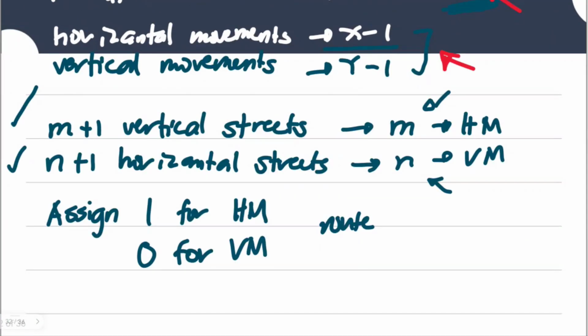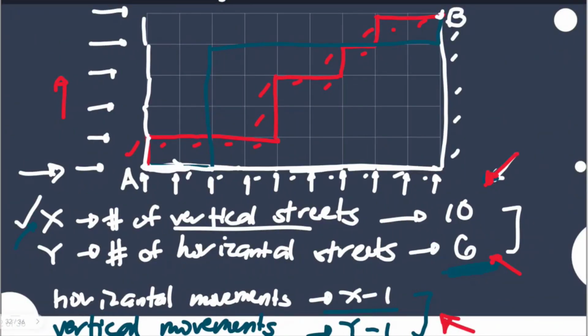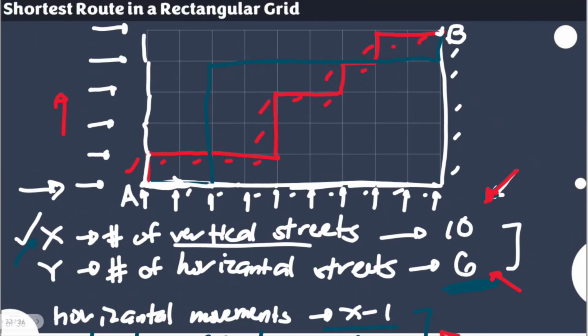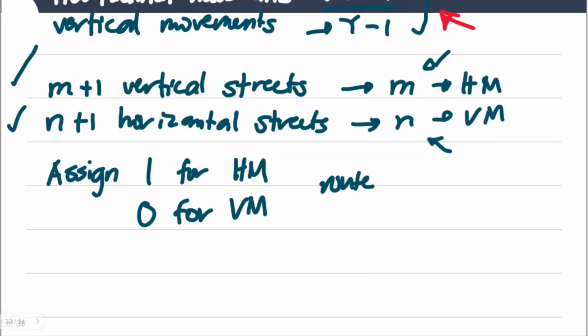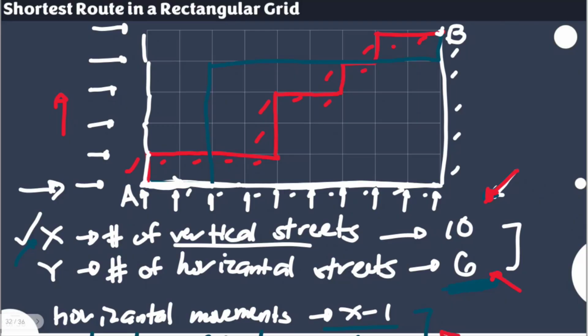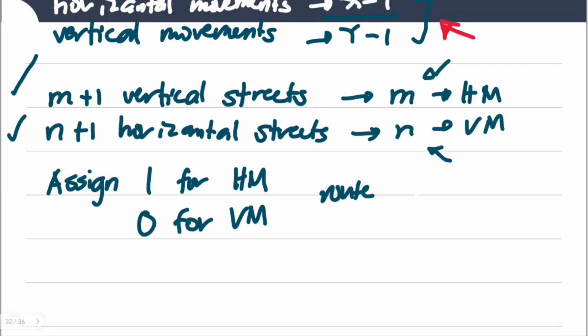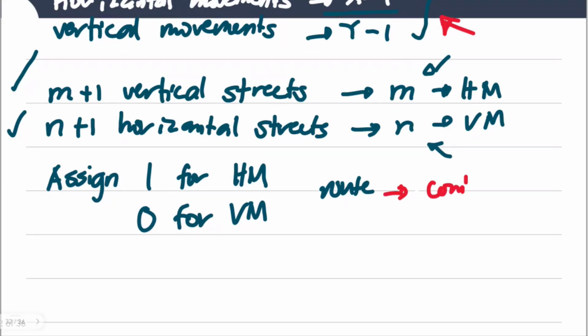Because if we assign 1 for horizontal movement, let's say this one here, this is 1, 1, 1, 1, 1, 1, 1, 1, 1, not adding them, we will know the number of horizontal movements you are taking by the number of ones. And for your vertical movement, if you're going to assign this 0, 0, 0, 0, 0, you would know the number of vertical movements you will take by the number of zeros. So that means all the routes are a combination of ones and zeros.